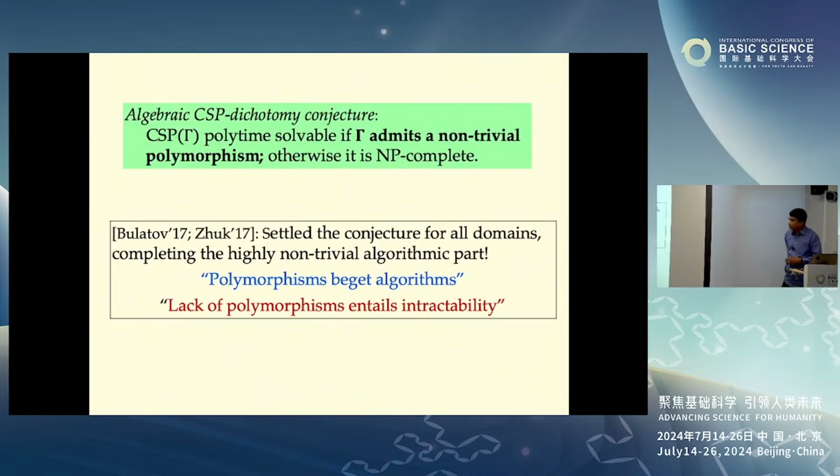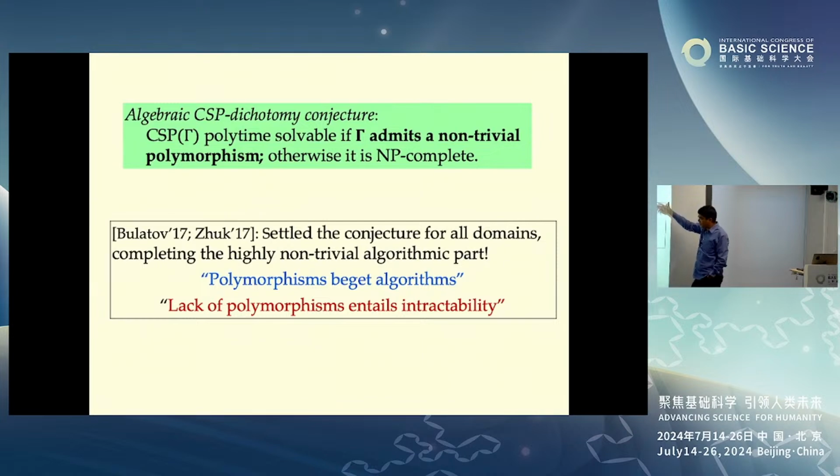And this was open for a while till Andrei Bulatov and Dmitriy Zhuk, who are both in the room here and are giving talks on these works with their FSA awards, settled this conjecture for all domains. This conjecture has 2 parts, right? One is that if you don't have polymorphisms, you are hard.